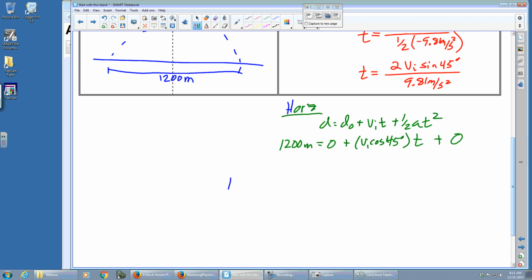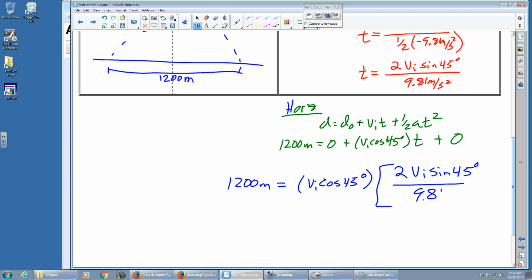So I would end up with 1,200 meters equals VI cosine 45 degrees times 2 VI sine 45 degrees over 9.81 meters per second squared.